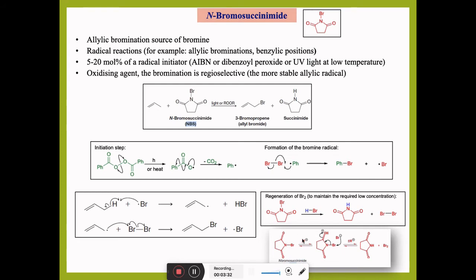H plus from this HBr will react with the hydrogen on one of the carbonyls, and the Br on the bromosuccinimide will form a Br2 molecule with Br minus from this HBr. So there is a formation of this Br2 and this is succinimide.